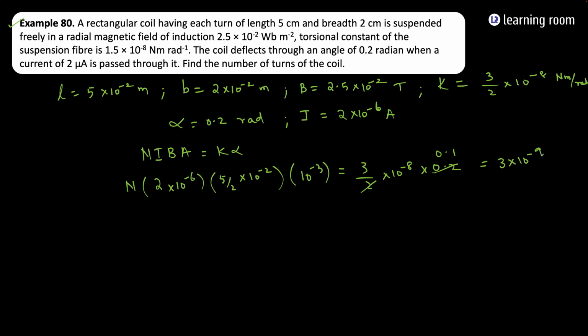Now look at these two sides. So 2 and 2 here will get cancelled, and 5 will go to the other side in the denominator, giving 3 by 5.